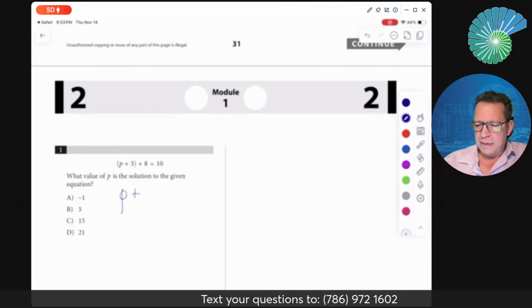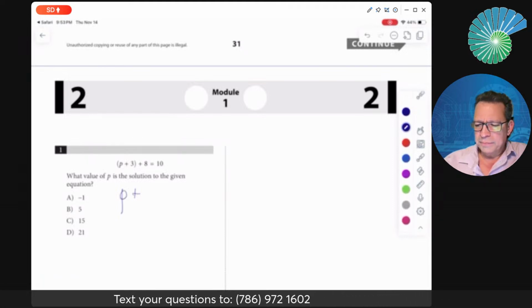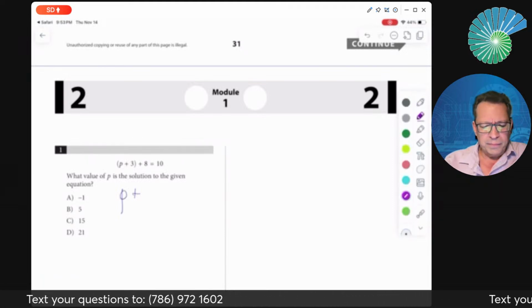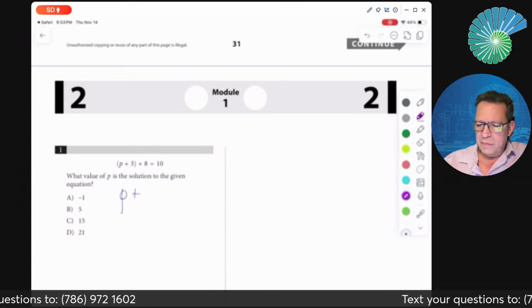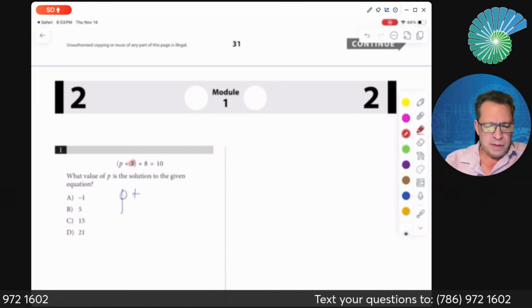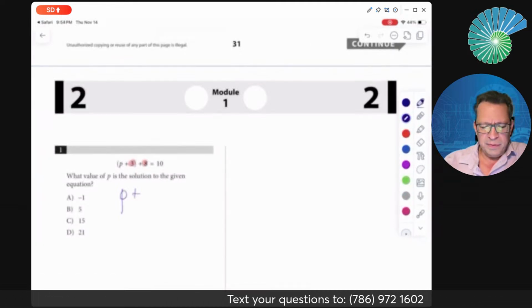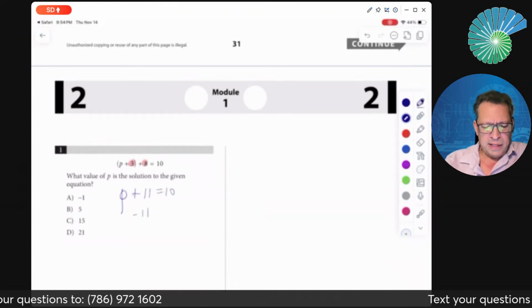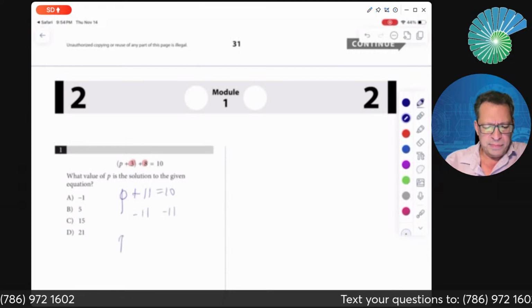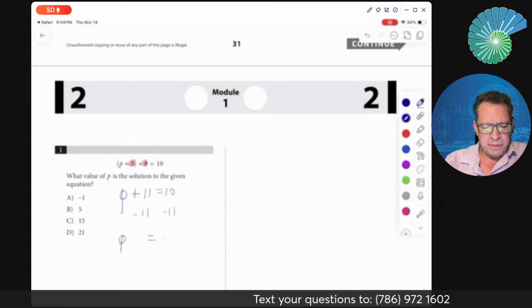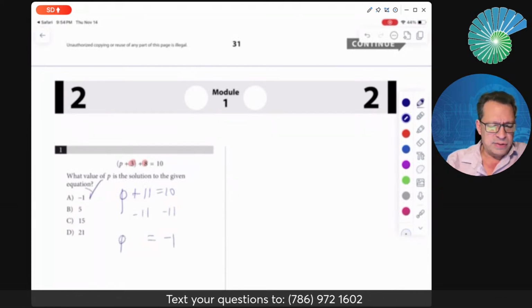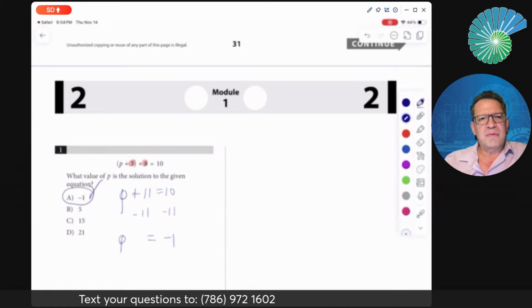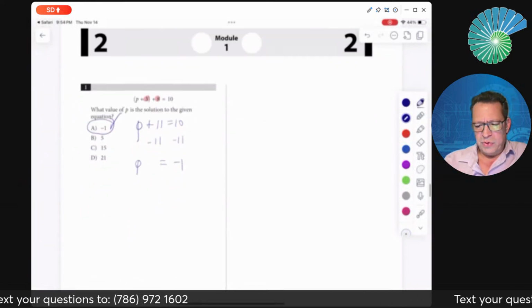And you see that 3, I can add 3 plus 8, and that's 11. Then I subtract 11 from both sides, and that leaves me with p is equal to -1, and that's the answer. Very easy question. Let's go to question number 2.